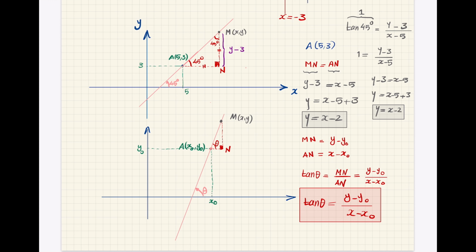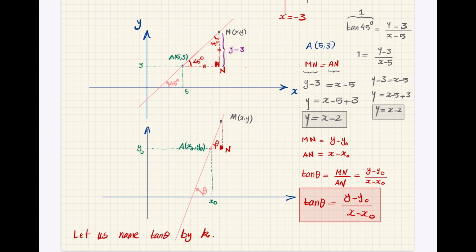So here, let me write this with red, tangent of theta. Let us name tangent of theta by k.